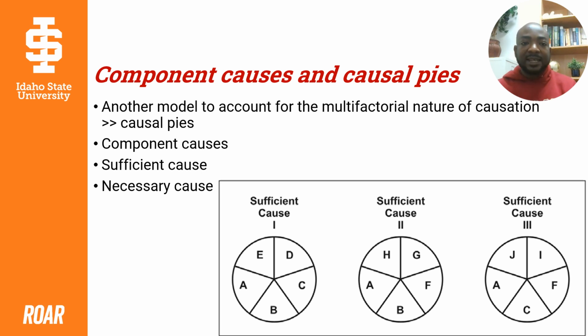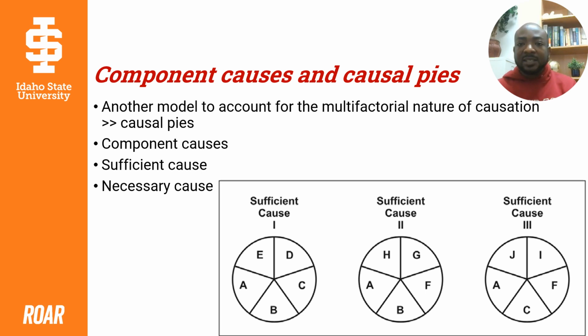A component that appears in every pie or pathway is called a necessary cause, because without it, disease does not occur. Note in this figure that component cause A is a necessary cause because it appears in every pie. The component causes may include intrinsic host factors as well as the agent and the environmental factors of the agent-host-environment triad.